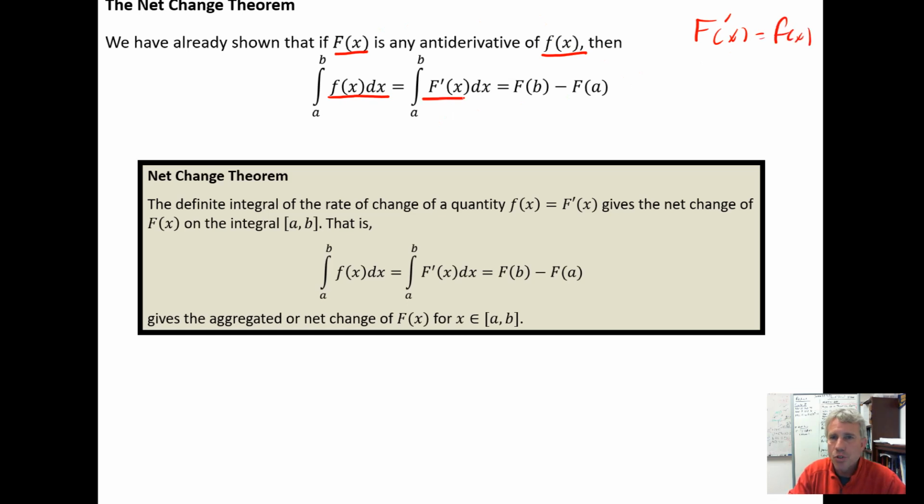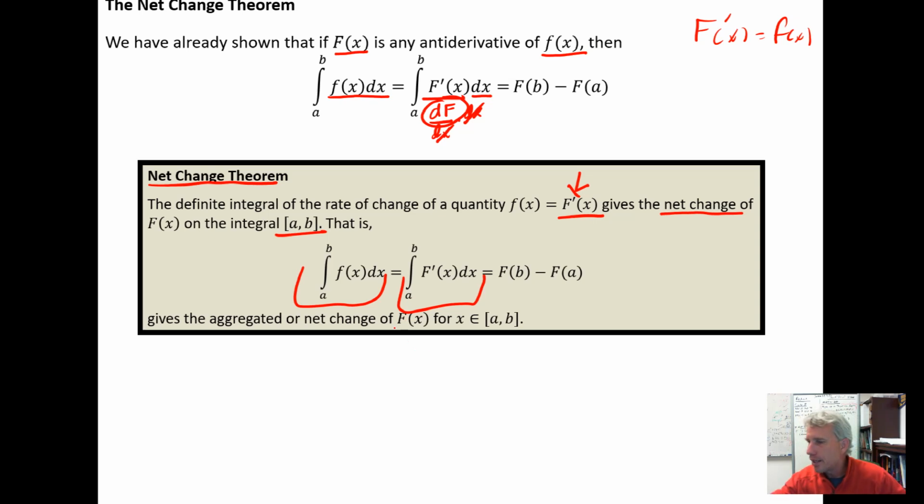So if we take the rate of change, this is dF dx, and multiply it by dx, the change in x, we're aggregating the change in the function F. So the net change theorem says, if you calculate the definite integral of a rate of change or of a derivative, then the area under the curve, the signed area, is the net change that happened over the interval over which you are integrating.